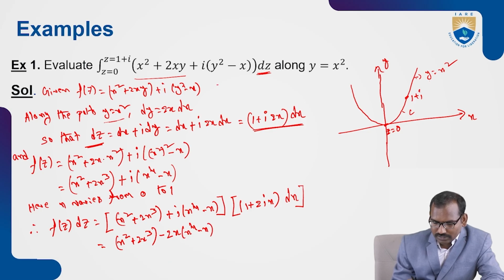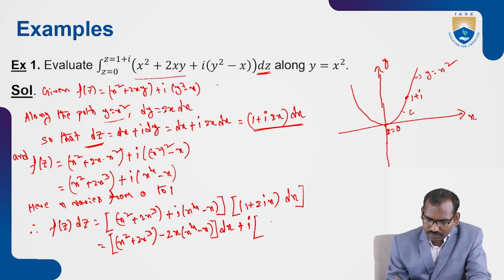Okay. This will be the real part. Plus i times, here you can see, so I can write dz here, dx here, plus i times imaginary part. I am going to calculate now.